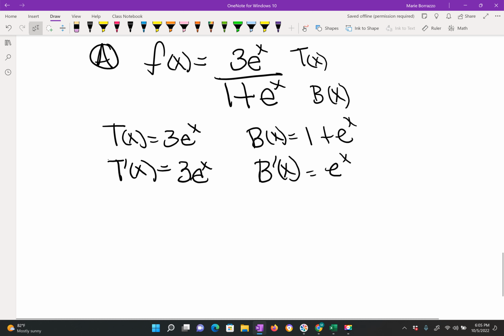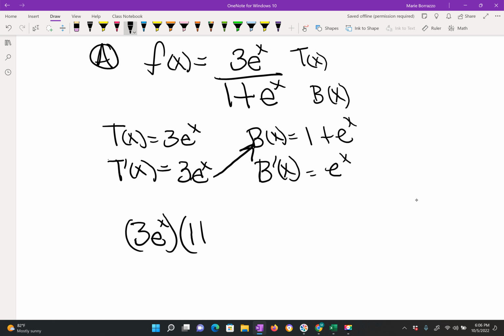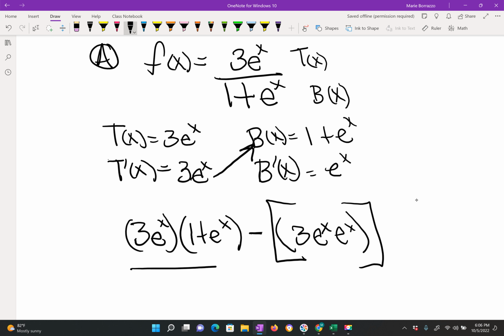Given that, when we cross multiply, so we start here, right? So this is 3e to the x times 1 plus e to the x minus, and again, I like a bracket, it keeps things neat, here's 3e to the x times e to the x, because that's the second half of the equation. That's going this way. And now we divide by 1 plus e to the x, and that is squared.